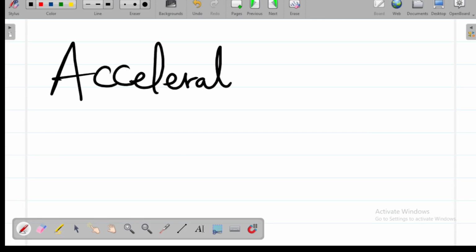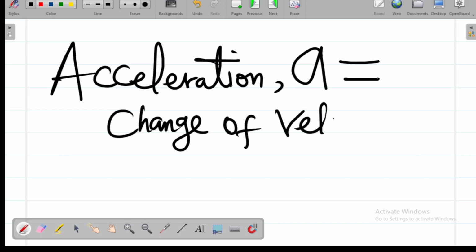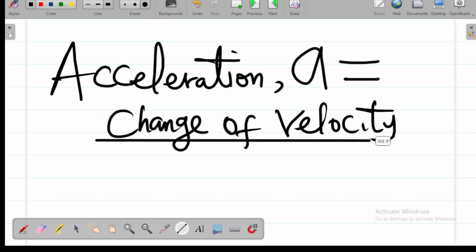All right, we have acceleration. And its abbreviation is A. The formula for acceleration is change of velocity all over time. So acceleration is equal to change of velocity all over time.